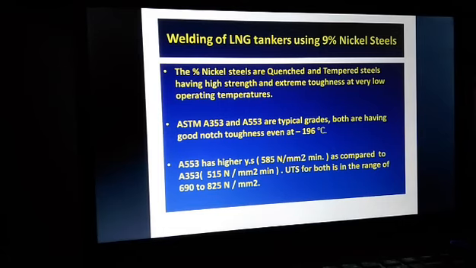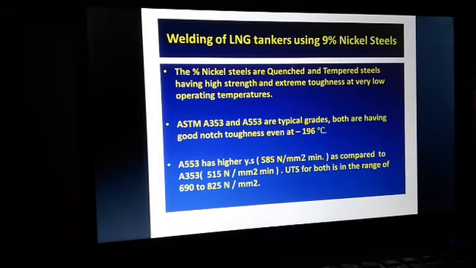Welding of LNG tanks using 9% nickel steel. LNG, liquefied natural gas. The 9% nickel steels are quenched and tempered steels having high strength and extreme toughness at very low operating temperature.